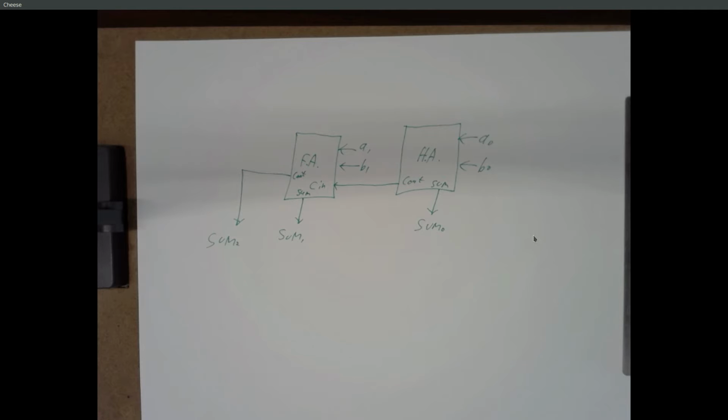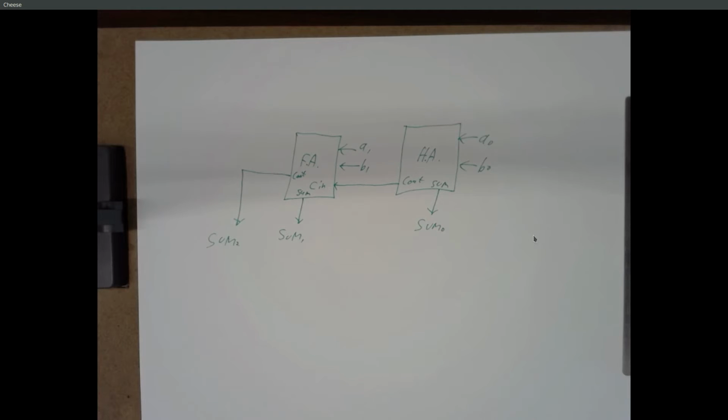So if you wanted to write the truth table for a half adder, could you do that? Right, the inputs are A0 and B0, the outputs are sum and carry out. And you basically say, what's 0 plus 0? Well, the sum is 0, the carry out is 0. What's 1 plus 1?